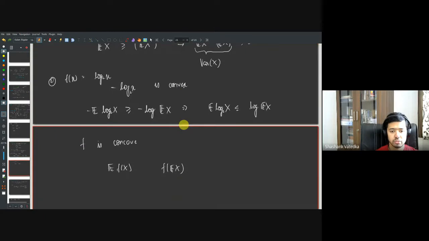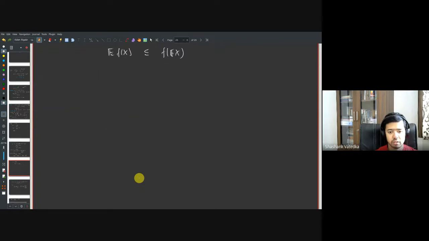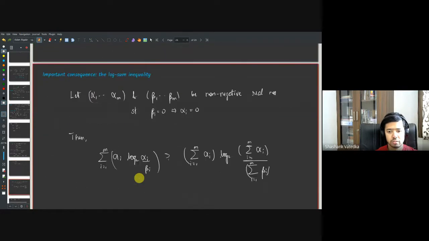Since if f is concave, then minus f is convex. So expectation f of x will always be less than or equal to f of expectation of x. Okay, so this is very useful.